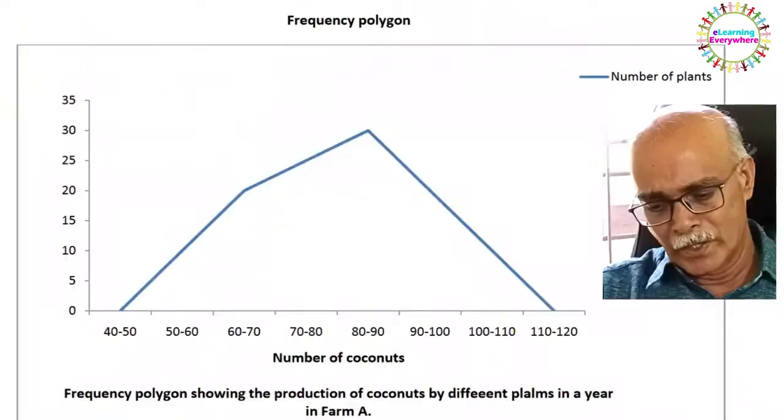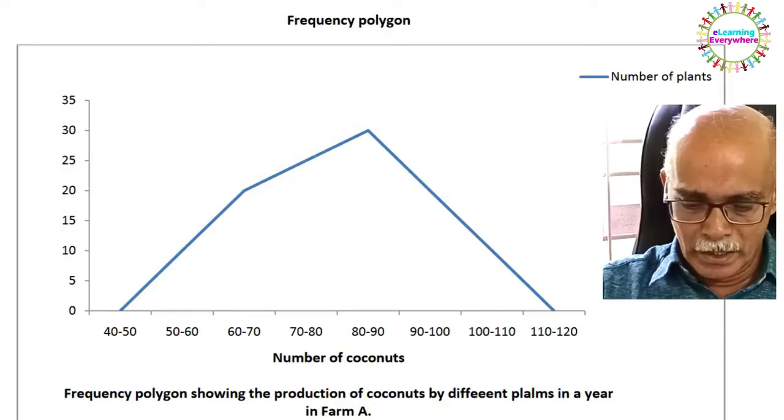But as you know, now there are computer programs for all these types of jobs, and there also, if you give appropriate options, you will be able to construct different types of graphs. So the histogram is the first type of graph of frequency distribution, and then comes the frequency polygon.